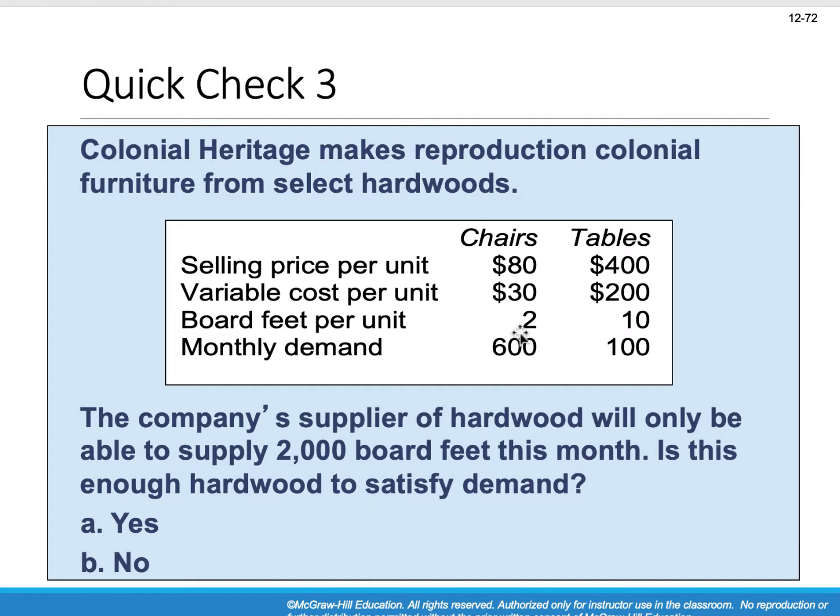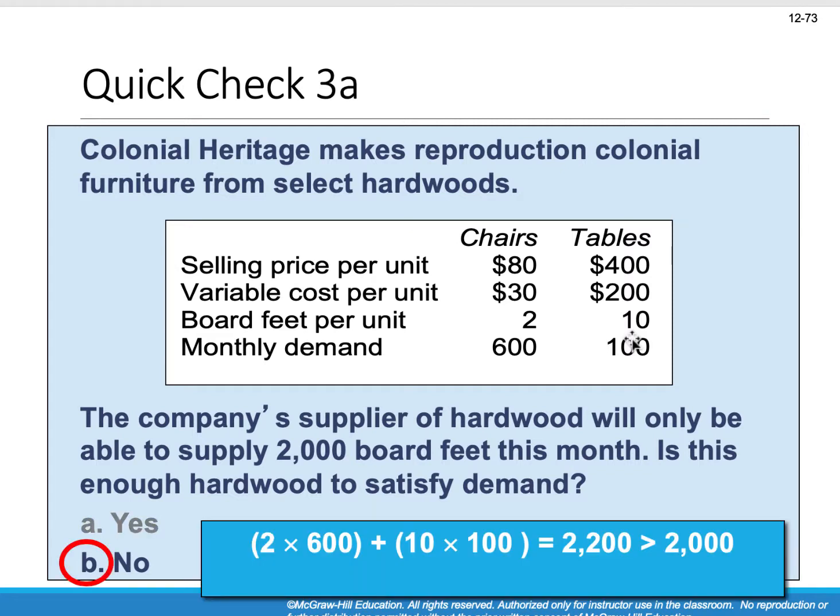Okay, well, let's look at tables, right? Well, we use 1,000 board feet for tables. So if we add those two up, the 1,200 and the 1,000, we do not have enough supply to fulfill all the demand of all the products, right? So no, we don't.